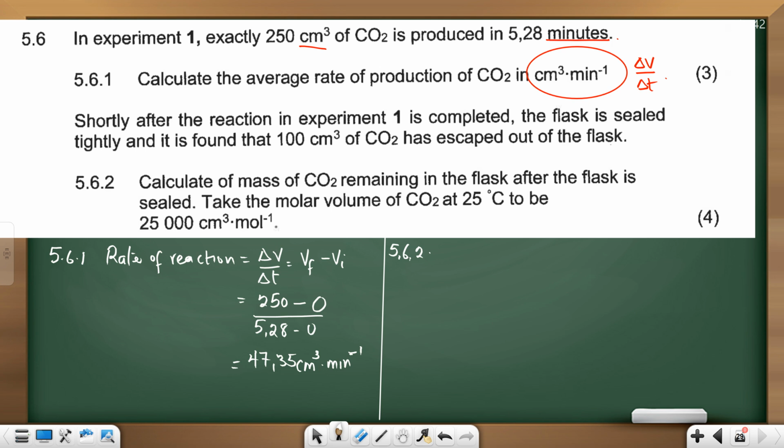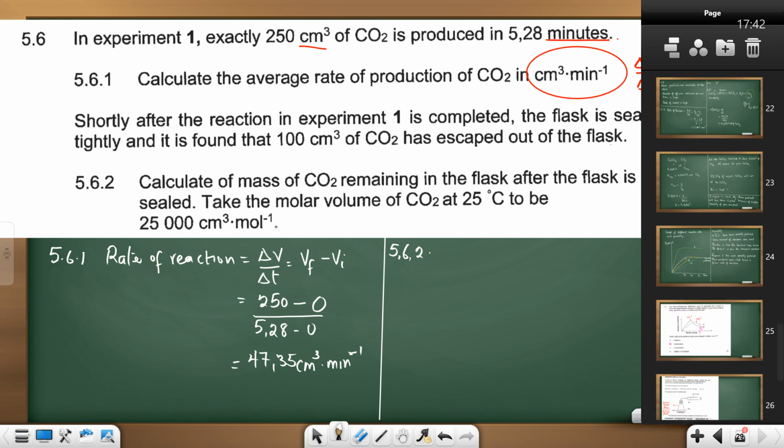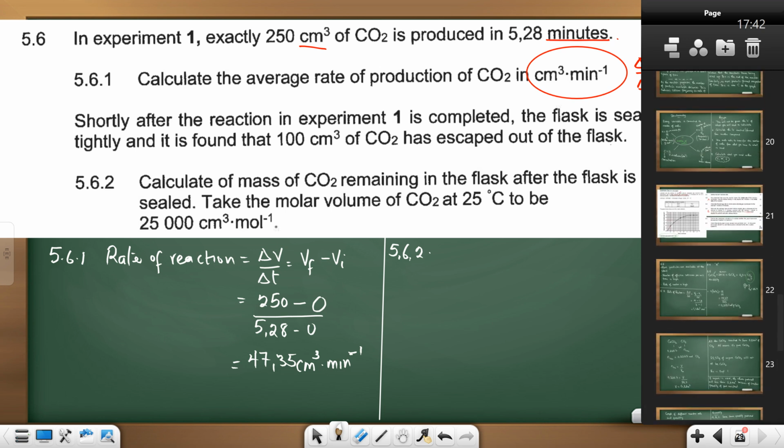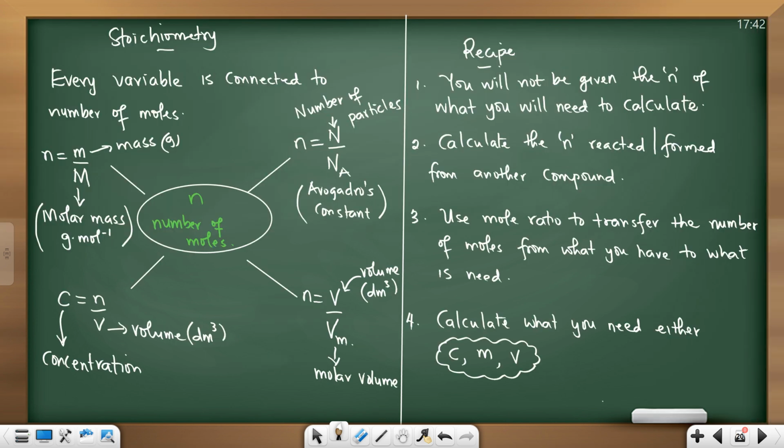Take the molar volume. My beautiful learners, let me take you through stoichiometry again. I'm going to go back, and I want to show you something here. I wrote a little note on stoichiometry. Every variable is connected to what? Number of moles.